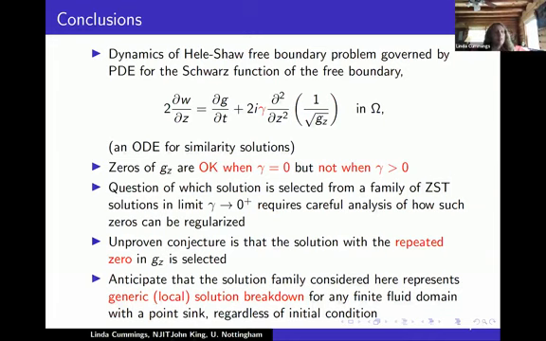Well, it depends what you mean. Numerically, we believe that the angle that we find for the repeated zero solution does agree with what they find numerically. So we're relatively confident, at least I'm relatively confident, that this is what's being selected, that it is selecting the repeated root.